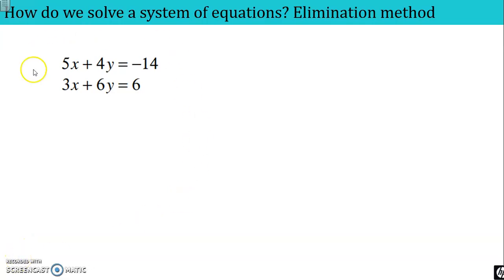So since our variables are already stacked in this problem, my first step is going to be to create opposite coefficients on one of the variables, either on the x's or on the y's.